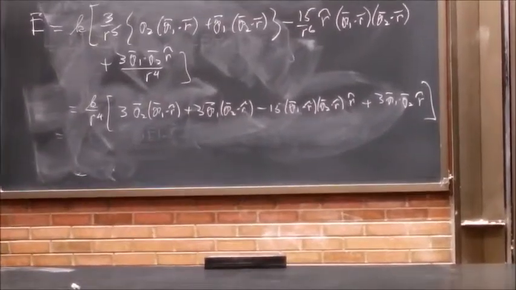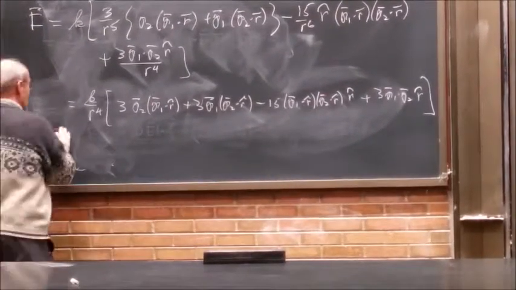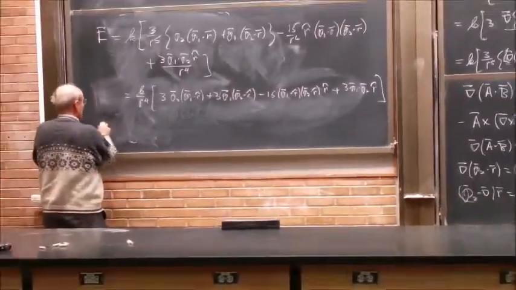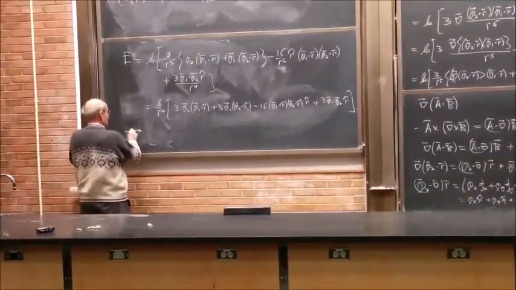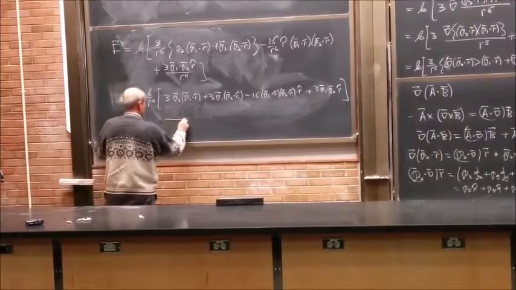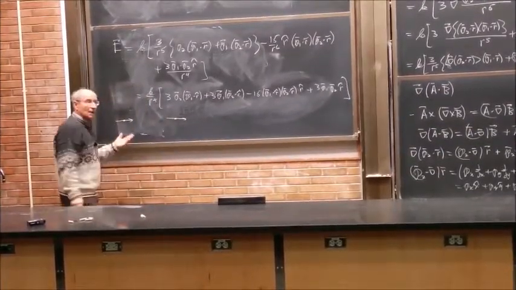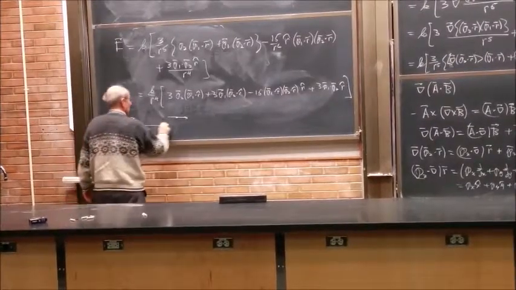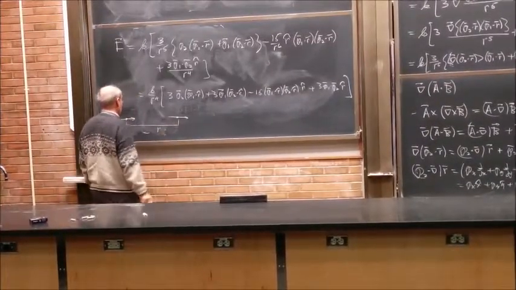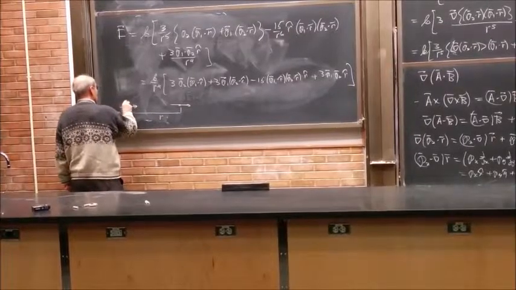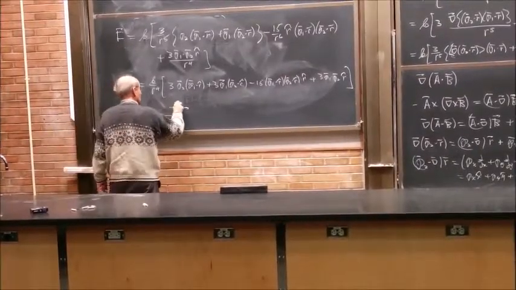Now let's look at a special case. And that special case is one dipole here, another dipole parallel to it along the line that it points in. So this distance is r, and this is P1, this is P2.